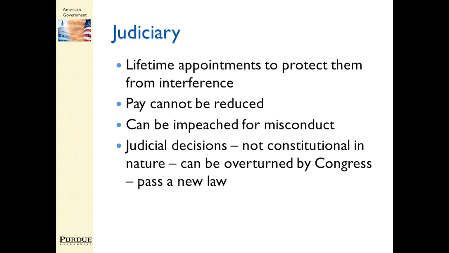Judicial decisions can be overturned by the Congress if they don't reach an issue of the Constitution. If it's just a new law, then the Congress can pass a new law. So even though the courts can rule things illegal, they can be corrected if it's not a constitutional issue. If it's an issue speaking to the Constitution, saying that this is an issue of free speech or equal protection of the laws, then there's not much that the Congress can do.